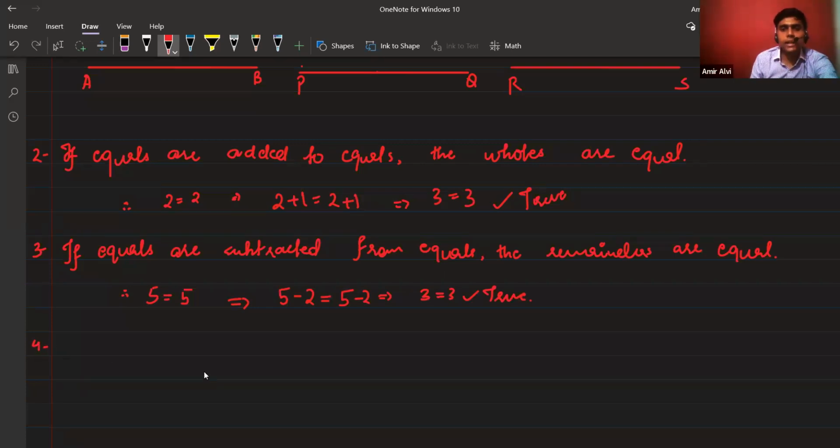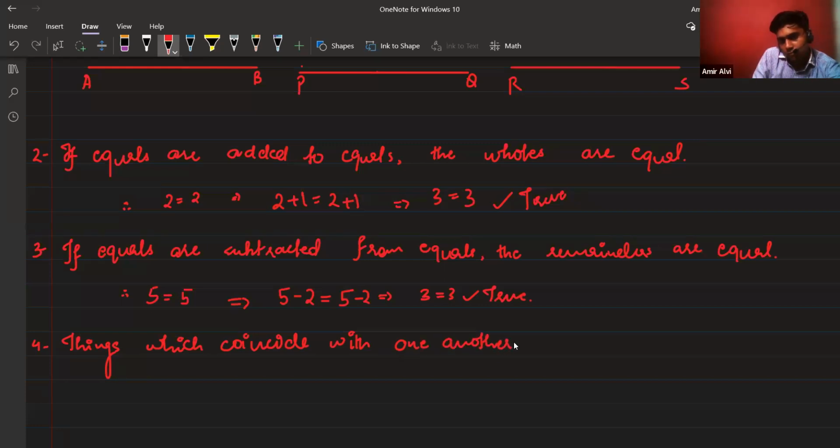The fourth axiom is saying that things which coincide with one another are equal to one another. Do you know what coincide means?